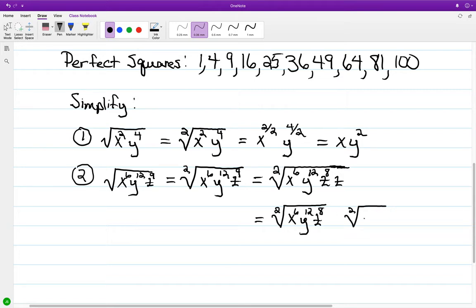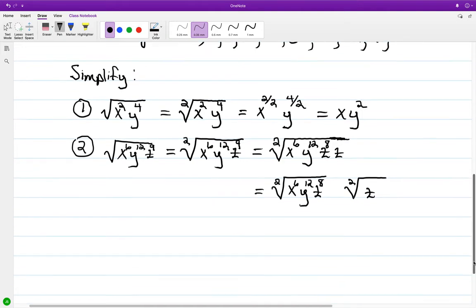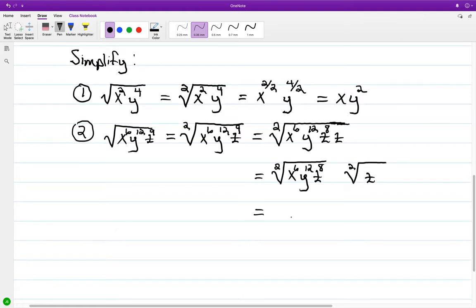I got times the second root of z. And for what we have in the process, we have x to the 6 halves, y to the 12 halves, times z to the 8 halves. And now for the radical, the second root of z is simply the square root of z.